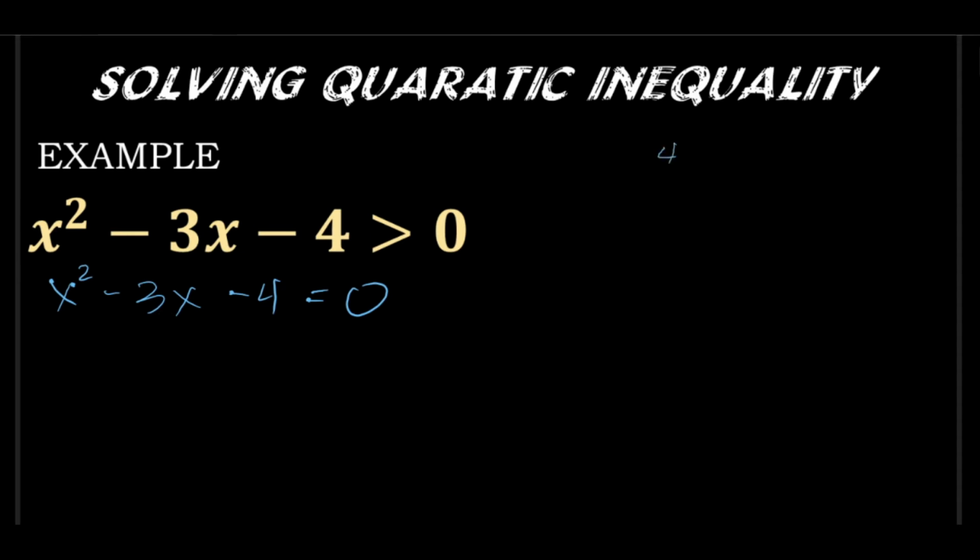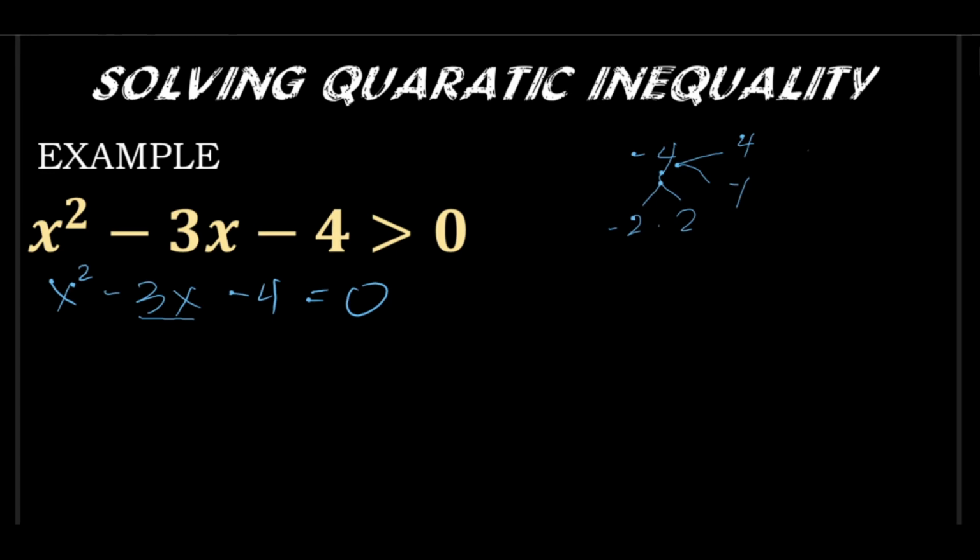Factor ng 4 o -4 is 2 times 2 o -2 times 2, and also, pwede din yung 4 times -1. But, kailangan, sabi dito, the sum or the difference will be -3.